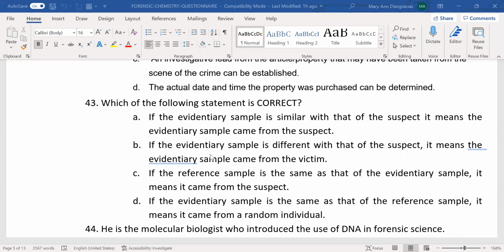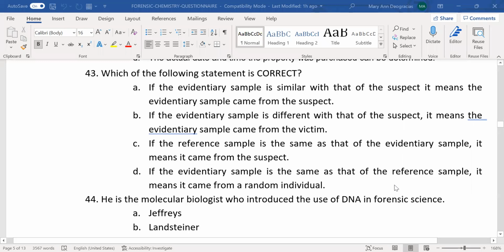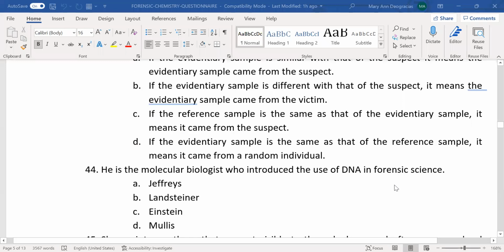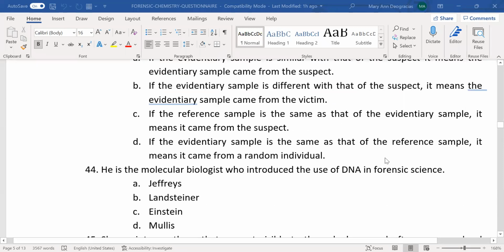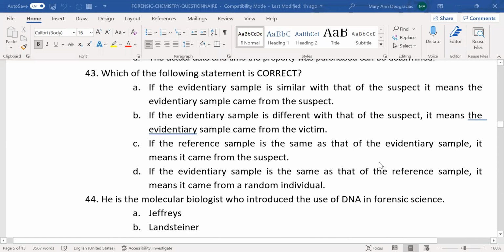C. If the reference sample is the same as that of the evidentiary sample, it means it came from the suspect. Okay. Tapos, letter D, if the evidentiary sample is the same as that of the reference sample, it means it came from a random individual. Anong sagot dyan? It's a matter of reading comprehension yan.